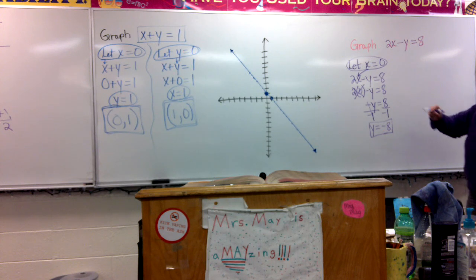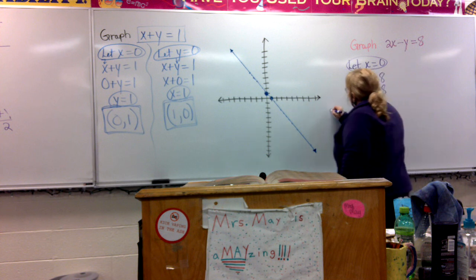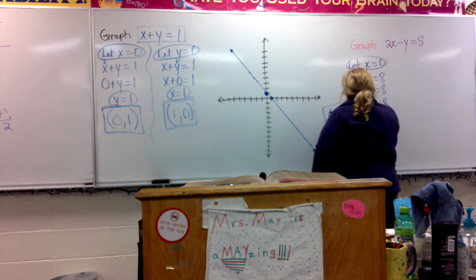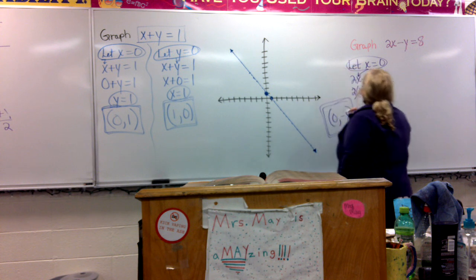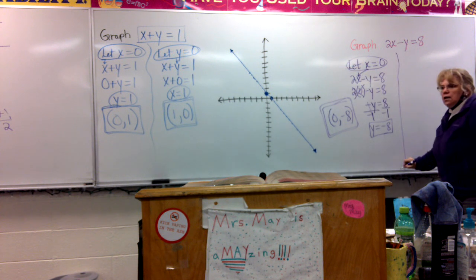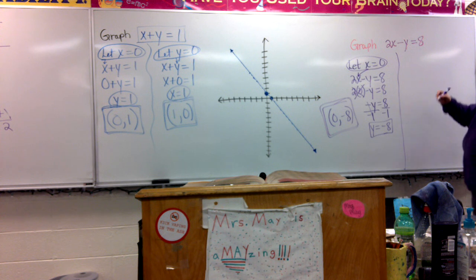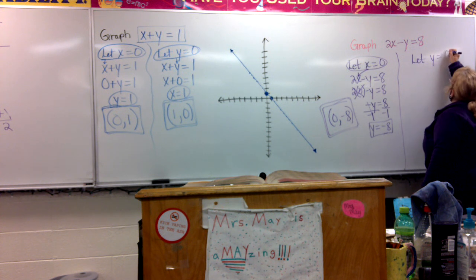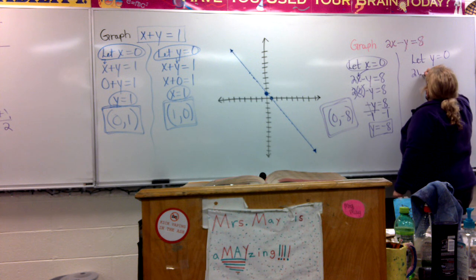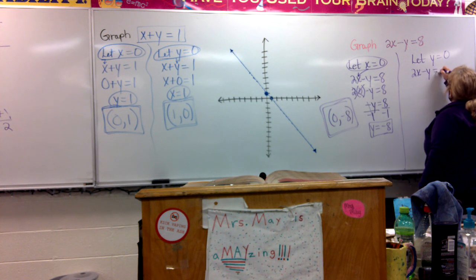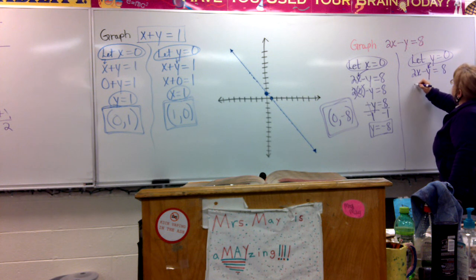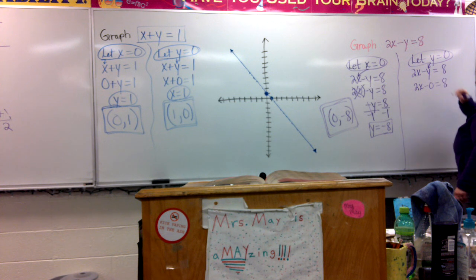So there's an ordered pair, right? 0, negative 8. There's one ordered pair. Now what? Now you do the other. Let y equal 0. And you take your same equation, but now we're going to let y equal 0. 2x minus 0 equals 8.